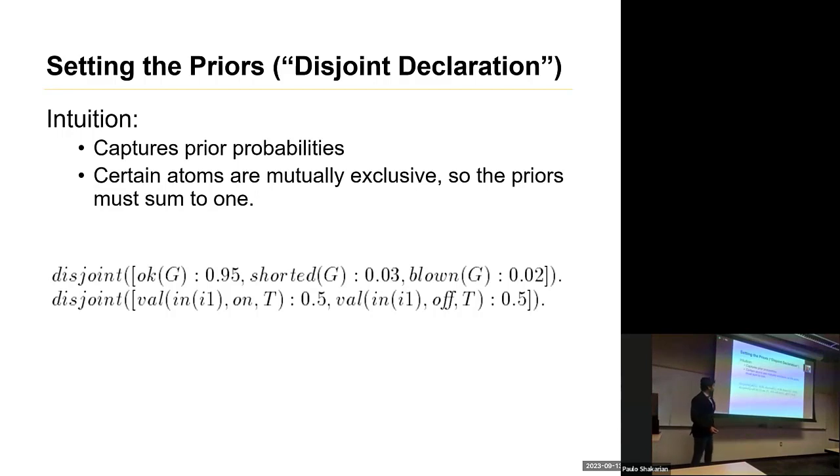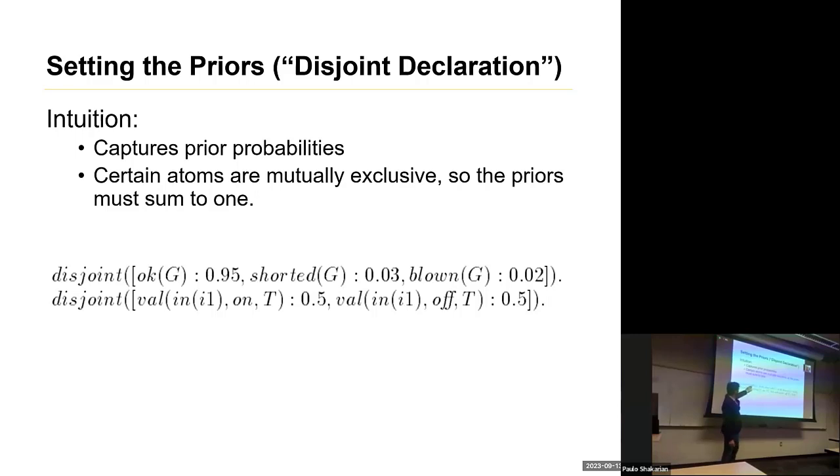So, how do we capture probabilities? Well, they have what is called a disjoint declaration, which is a set of atoms, non-ground, so it could be specified anywhere, but the variable is shared. Each atom is associated with a scalar, and these sum to 1.